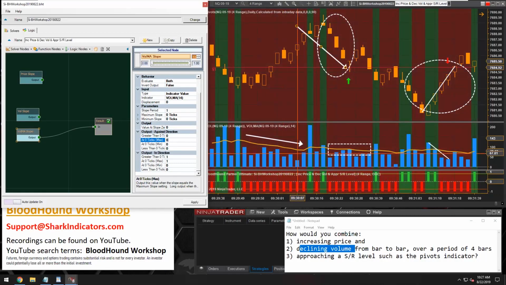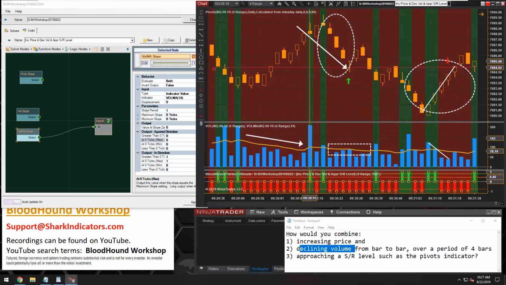Yeah, let's see here. We need to strip out the long signals from the volume slope solvers. We need to get rid of the long output there. So we're only interested in when we're getting a short output, in other words, when volume is declining from these volume slope solvers here. Okay, so we need to strip out the long.